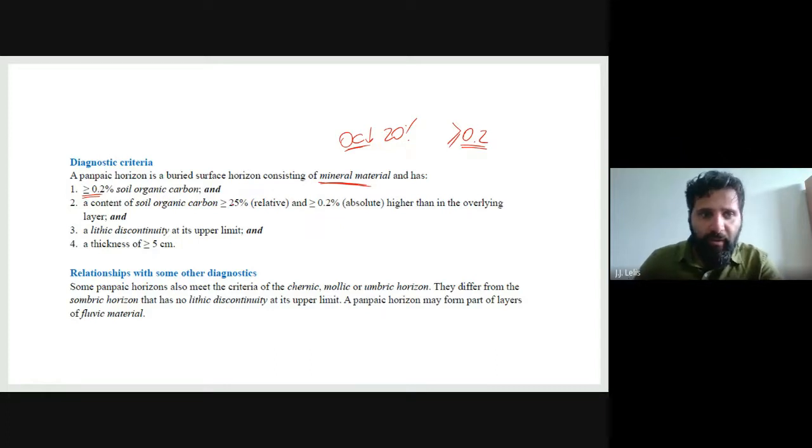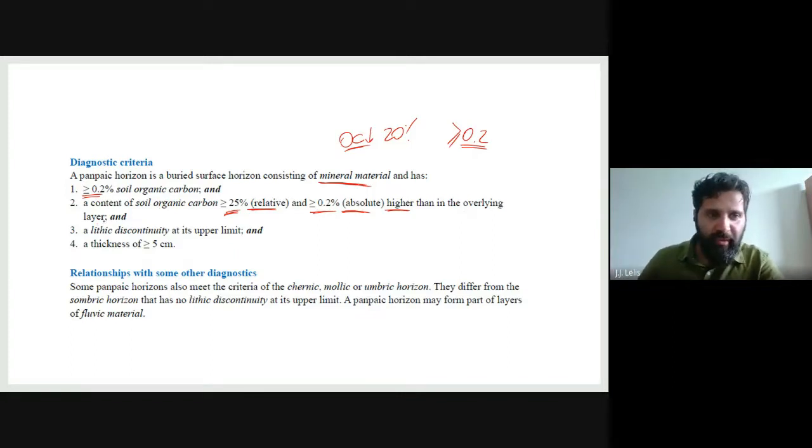The content of organic carbon is at least 25% in relative terms and 0.2% in absolute terms higher than the overlaying layer. So it should present a higher content in comparison to the overlying layer.